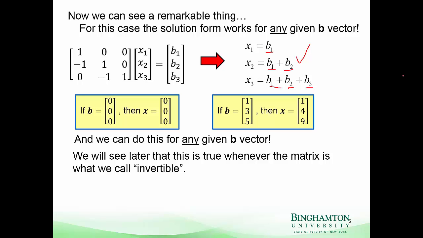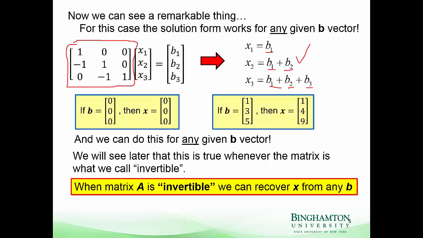Like I said, we're sneaking up on these ideas. Later we will define this idea of an invertible matrix. What we'll find is that any time the A matrix, so this is our A matrix for this particular problem, is what's called invertible, we'll be able to solve this problem for any given b on the other side.